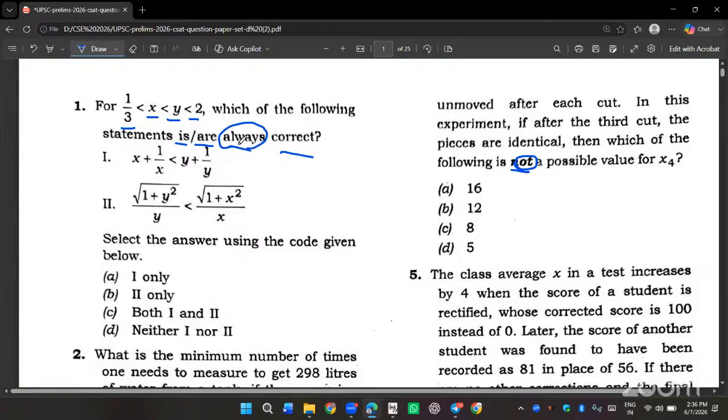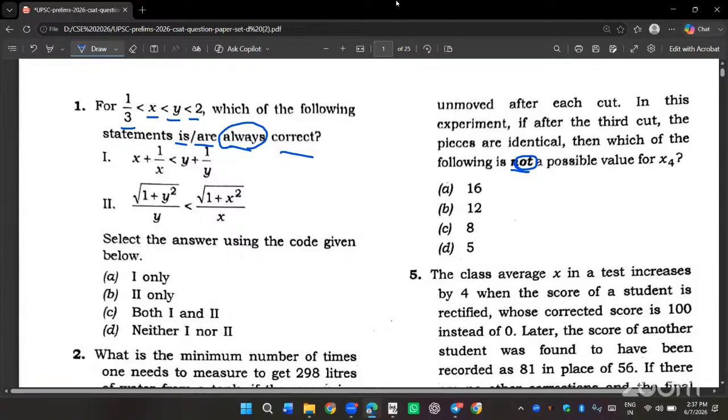Next important point is that here they are asking questions from the basic foundation, 10th standard level only. But it is very difficult. Why is it very difficult? Because we are not coming across mathematics. If you have a little bit of knowledge of mathematics up to 10th standard, that will help you.